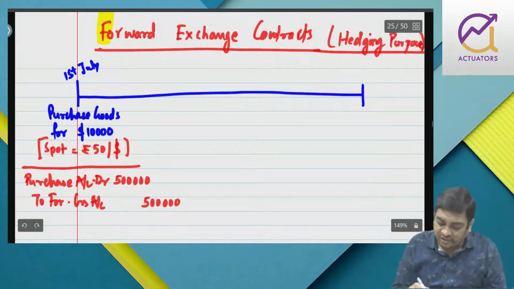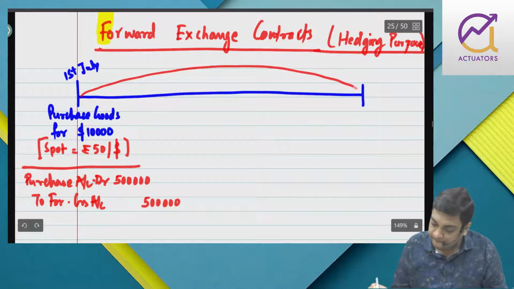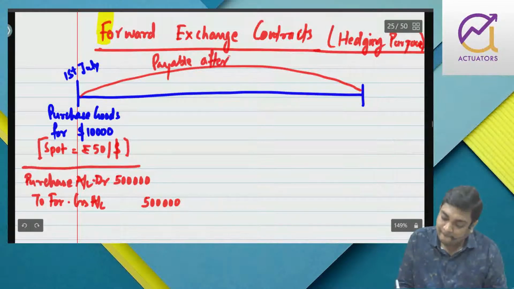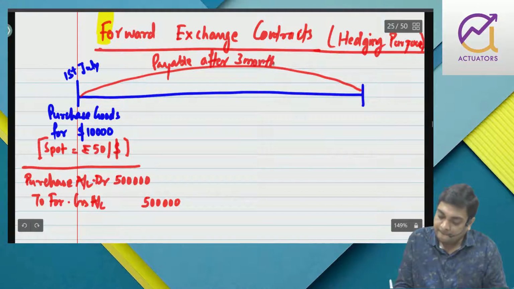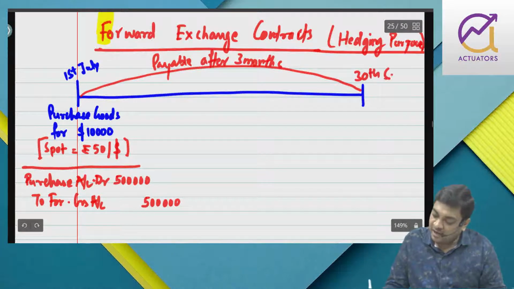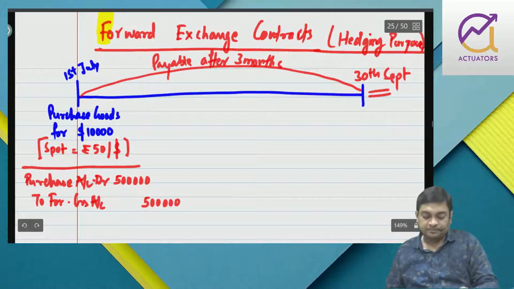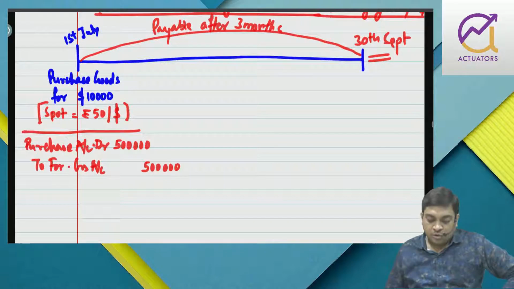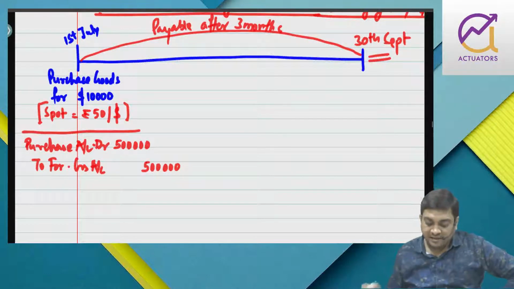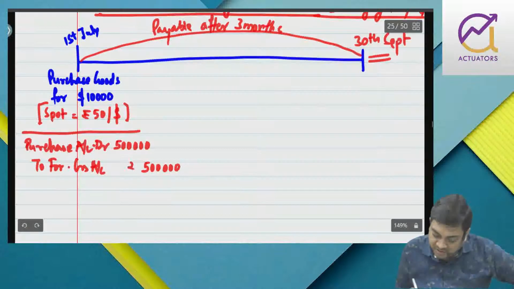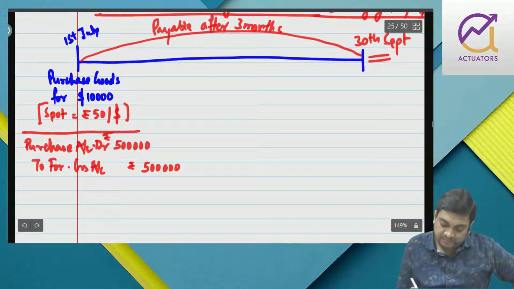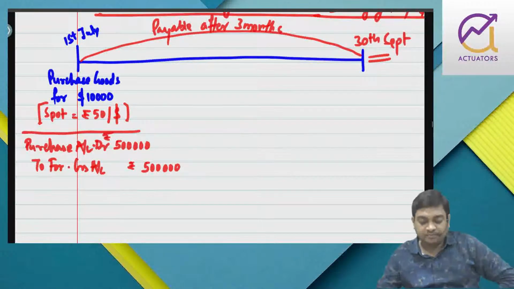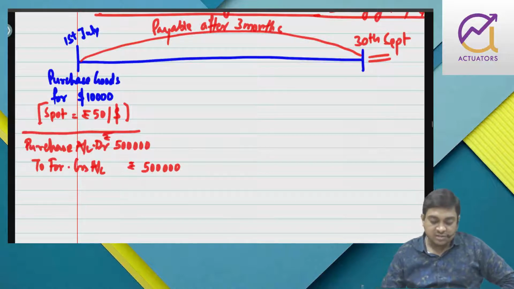Now this is payable after 3 months from now. It means it will fall due on 30th September. Right? Sir, first of all, it is recorded in Indian rupee. Initial recognition is done by converting this foreign creditor using the spot rate.